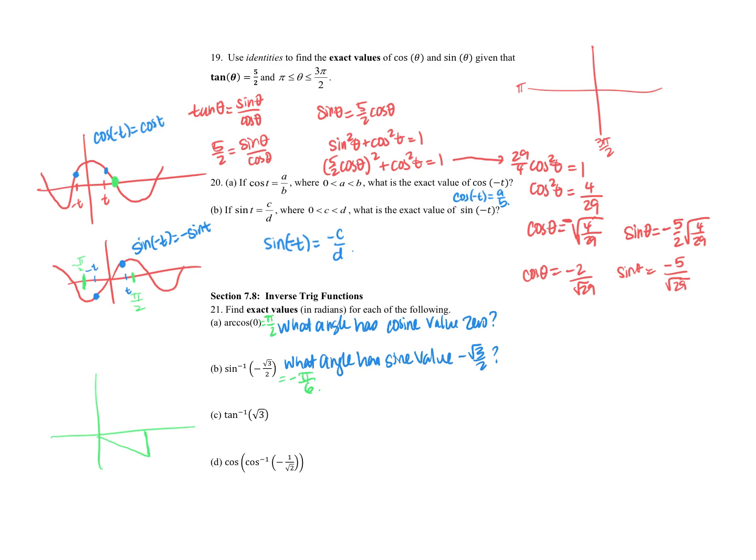For what angle is the tangent value square root of 3? Tangent is square root of 3 in the first quadrant.